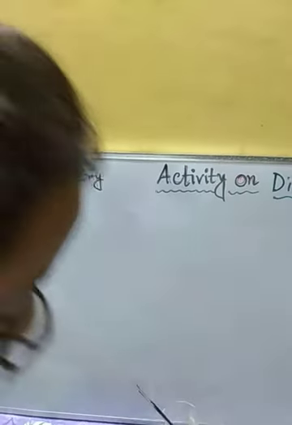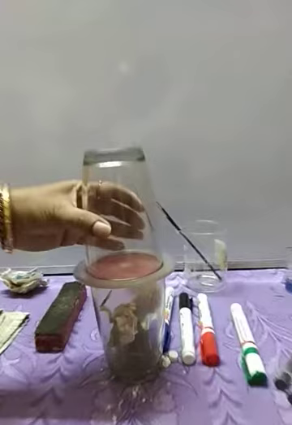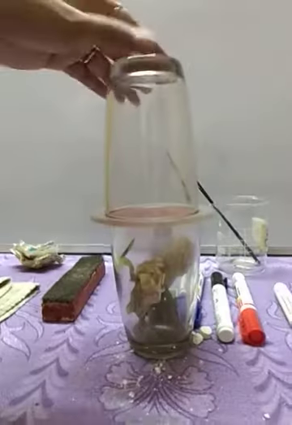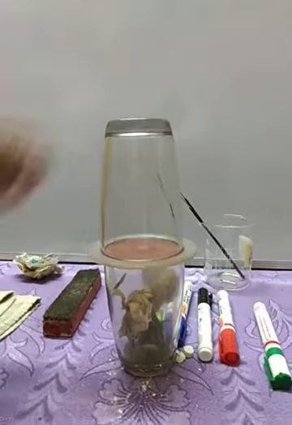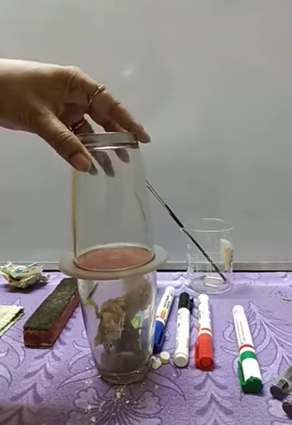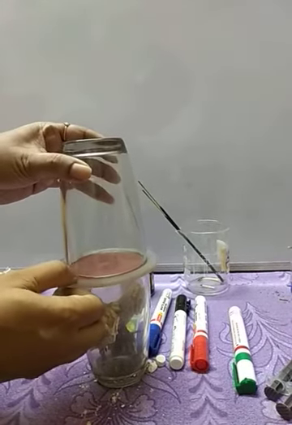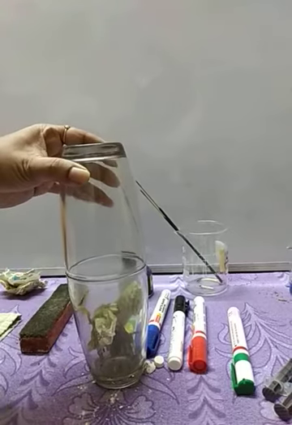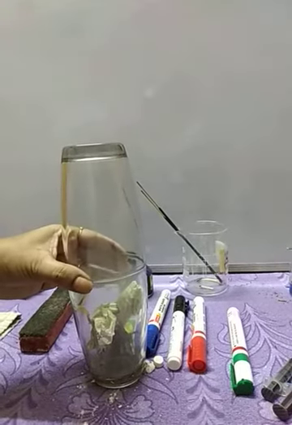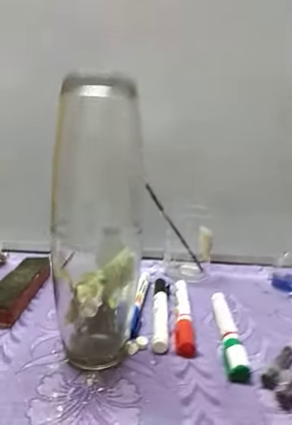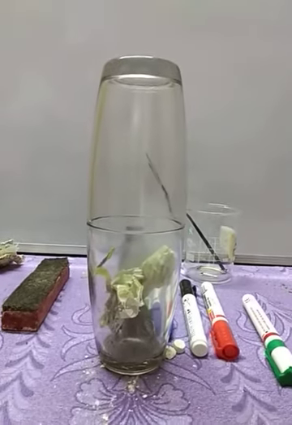And now slowly we will put another glass on top of this glass. So these two glasses will be kept in this manner, and slowly we are going to take the lid out. In this manner we have to keep these two glasses.